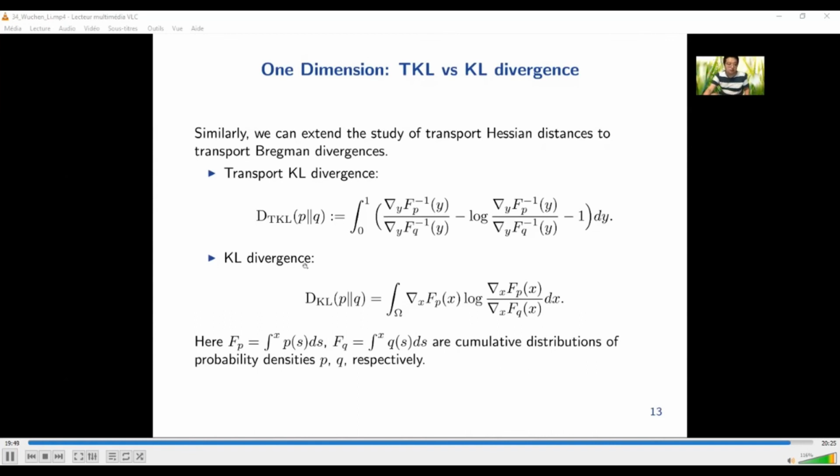You can also compare it with the KL divergence using the F_p and F_q formulation. There are some polynomial changes according to what I said before, and you also have a change from the gradient of F_p inverse to the gradient of F_p. That's the difference between the divergence function in L2 space and the divergence function in Wasserstein space.